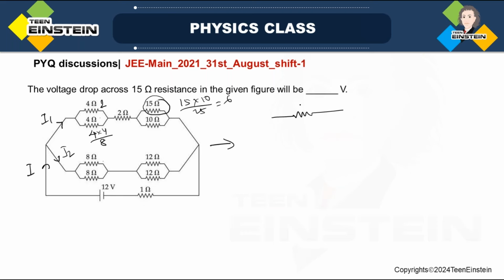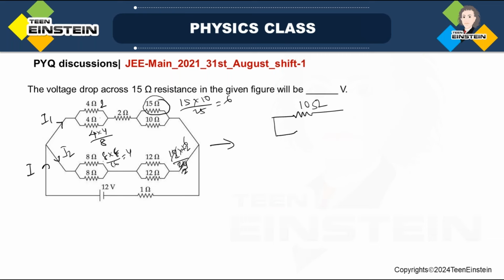I have got 10 ohm resistance in the upper branch, and in the lower branch I'll get here 8 into 8 divided by 16. So this will give you 4 here, and this will give you, see, 12 into 12 divided by 24, so 12 to 6. So this will be actually 6.